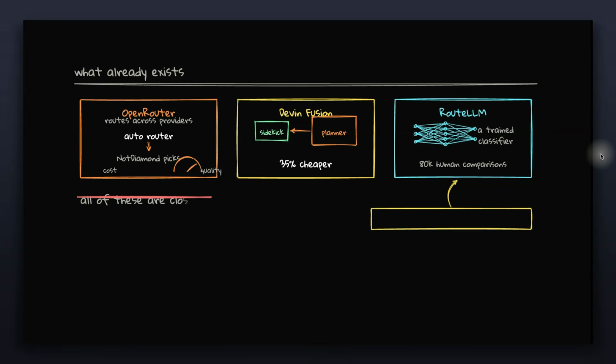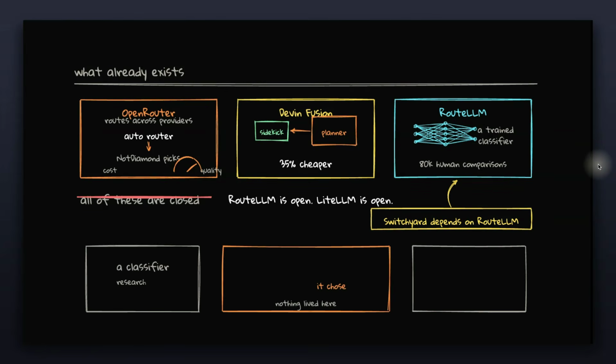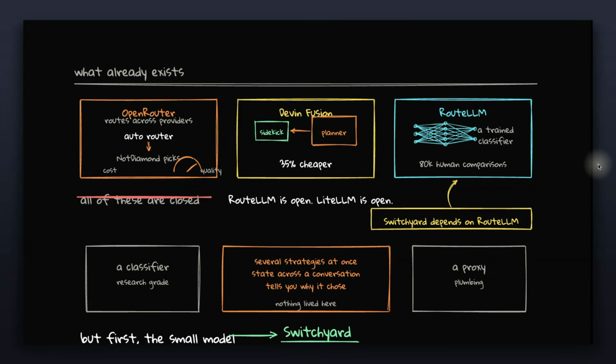Now, NVIDIA also recently released their own solution called Switchyard, which is an open source solution built on top of RouteLLM. This gives you a classifier along with a proxy for plumbing, but additionally, it has a number of different strategies for how to do routing, and it also has state of conversation across your sessions, along with specific traces of actions that it has taken. And this is the solution that we are going to be using in this video.